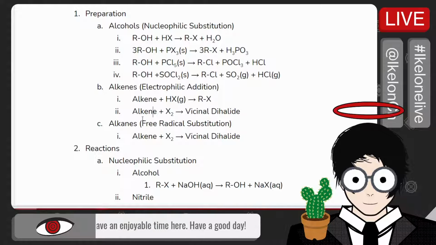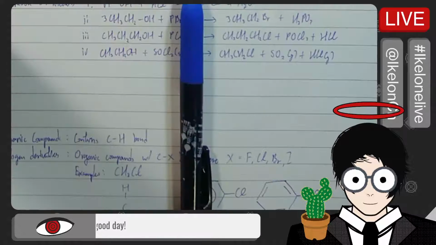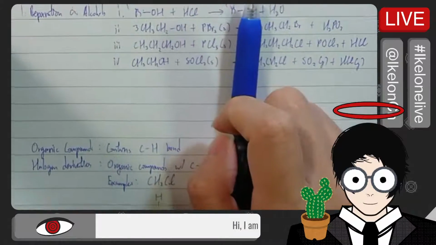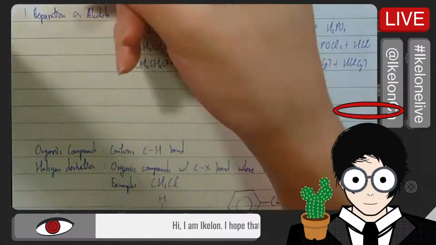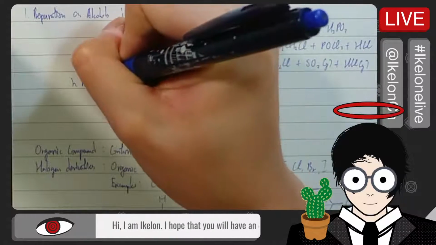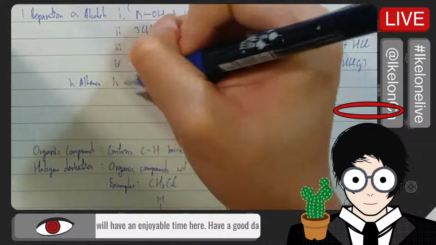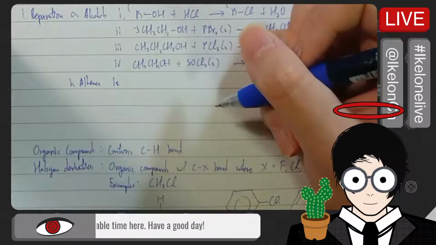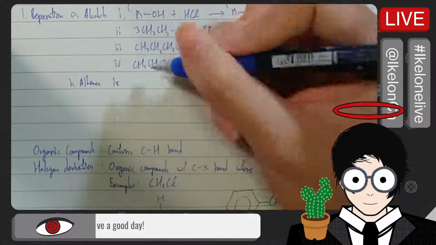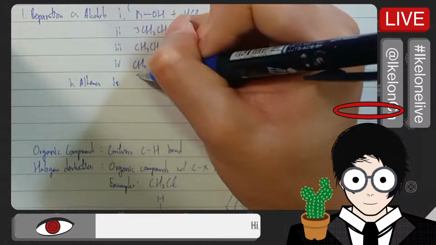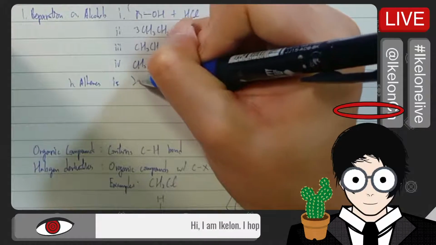Okay. So if we were to go to the paper, this preparation, and this is A alcohols, now it's B alkenes. Now the first way goes like this, let's say you have this thing. This is ugly.